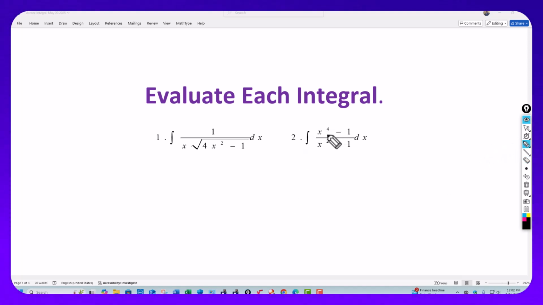So in the numerator, I have difference of squares. X to the 4th is a square. It's x squared squared. 1, of course, is a square. So I can rewrite the numerator as x squared minus 1 and x squared plus 1.